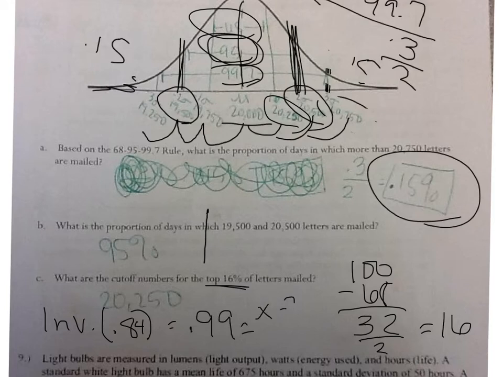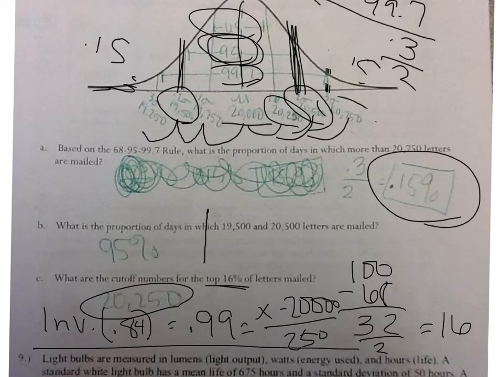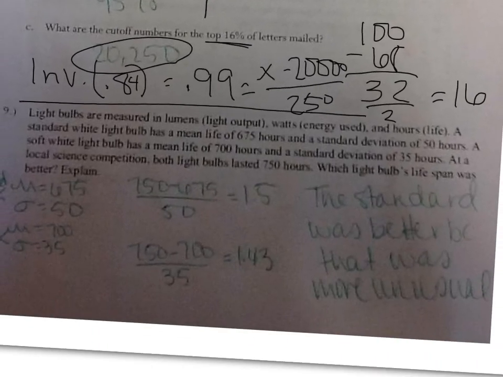So then you set that up in your formula and you solve it out, and you would get about this same number. The model is meant to be a shortcut, but if it makes it confusing for you, then the long way will always work. So either way, you should get about 20,250.